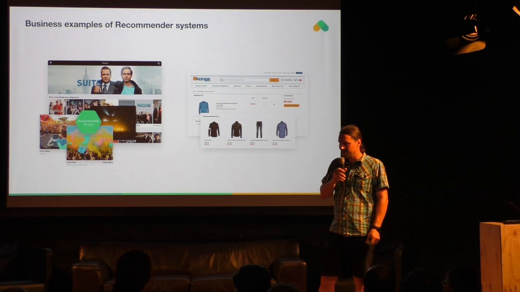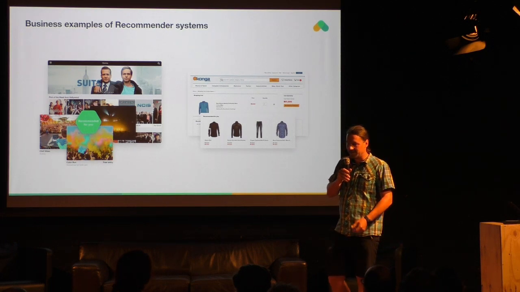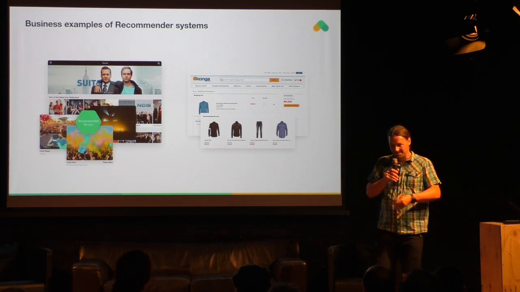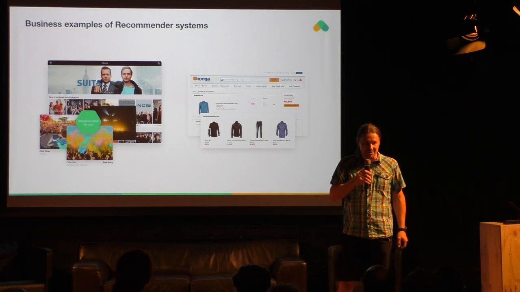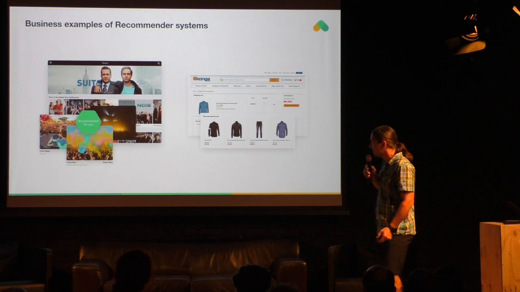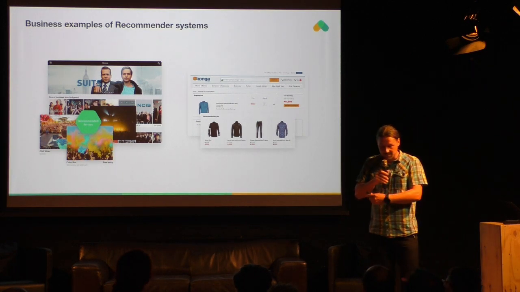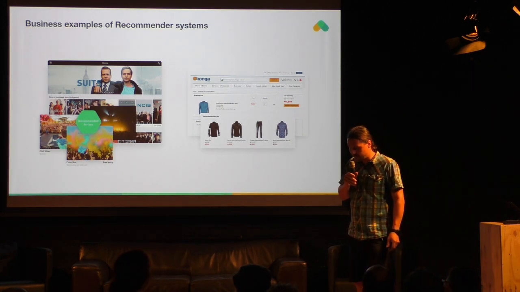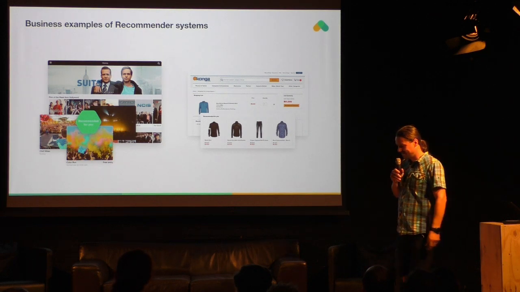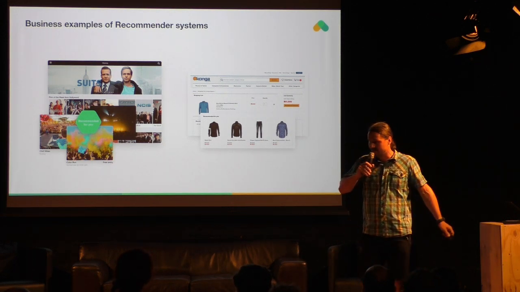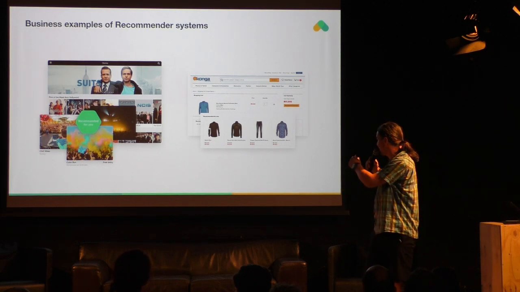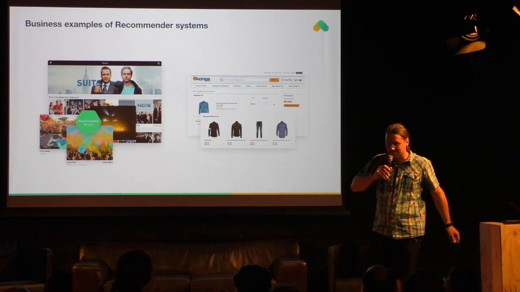For example, Amazon has like 35% of total sales from recommenders and recommendations. So it's quite important, and they know that once they are able to improve the recommender system, then they have more profit, and also their customers are quite satisfied because they can find what they are looking for.